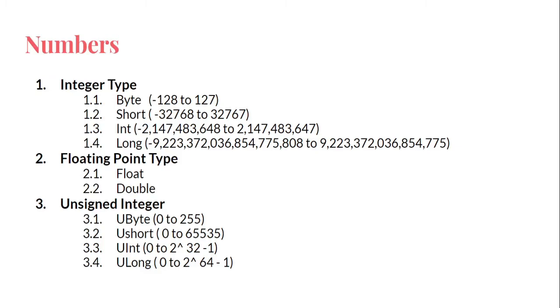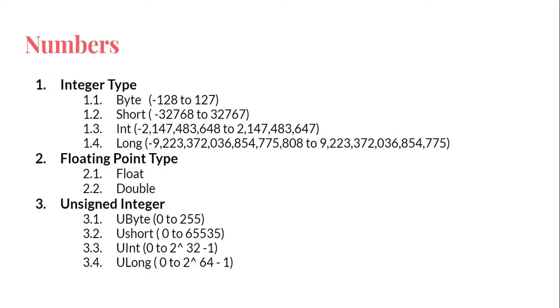Then we have unsigned integer. Unsigned integer means that you cannot store negative numbers, you can only store positive numbers. So the basic difference between integer type and unsigned integer type is that in the same memory, for example, byte in integer and unsigned integer will consume only 8 bits, but the storing capacity doubles on the positive side.